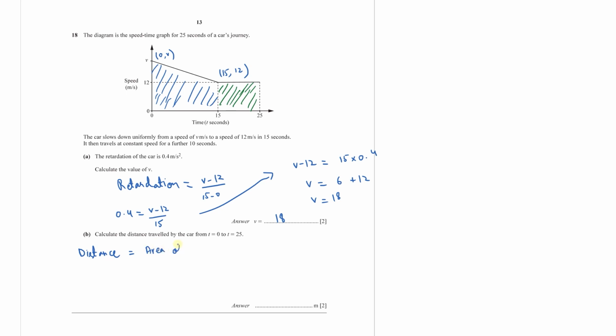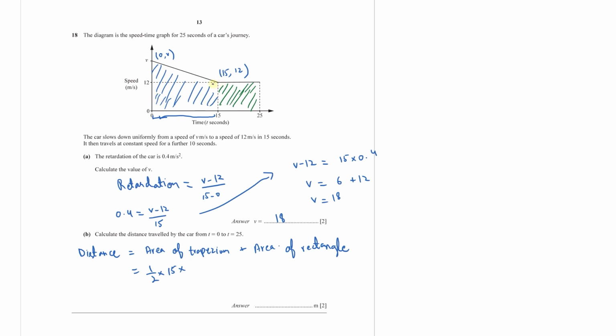area of this trapezium here plus the area of rectangle. So area of trapezium is 1 over 2 into your height here, which is 15, and then sum of parallel sides.